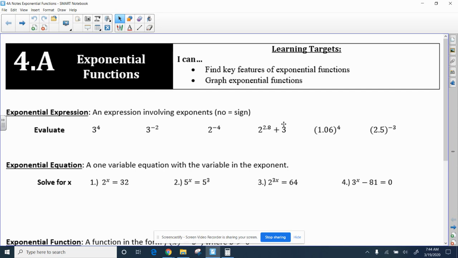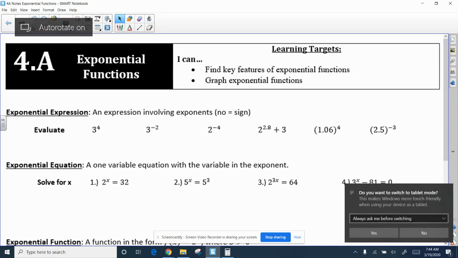All right, so starting with expressions, an exponential expression is an expression involving exponents. That means there is no equal sign. For an expression, assuming there aren't any variables, we can evaluate it.